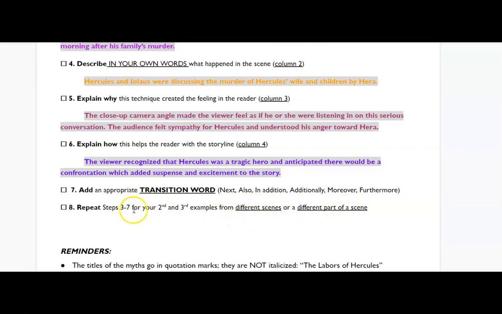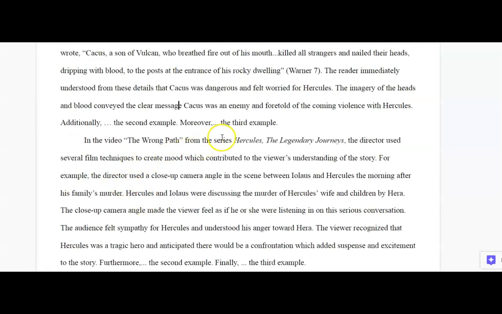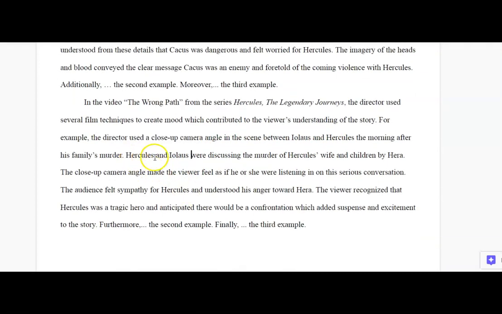Okay? And so again, sample paragraph, right? In the video, The Wrong Path in the series, I have my topic sentence, right? And then I go, for example, and I give the technique and the scene. I then provide in my own words, because we're not quoting from the video, what was happening in that scene. Then I explain how it made the viewer, me, feel, and what it created in me.